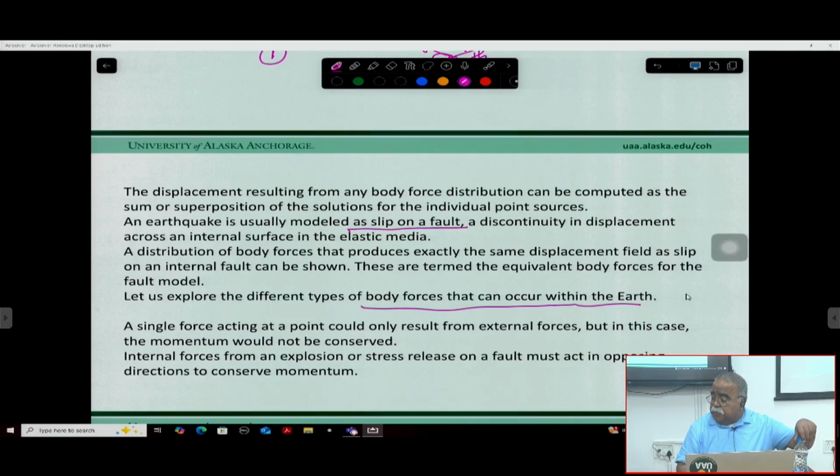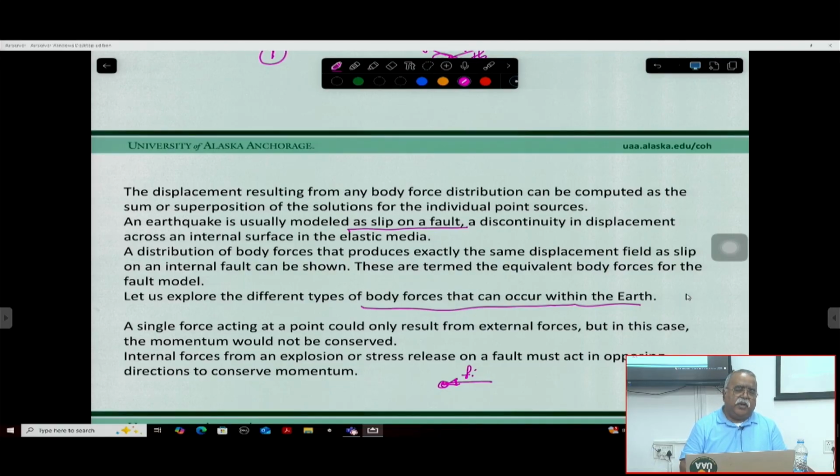Now, a single force means a single force acted on a body, right? But if you have a single force acted on a body, then the thing is this: since the system is a conserved system, whenever the force is acted on a fault, that force should conserve the momentum as well as the angular momentum, right?